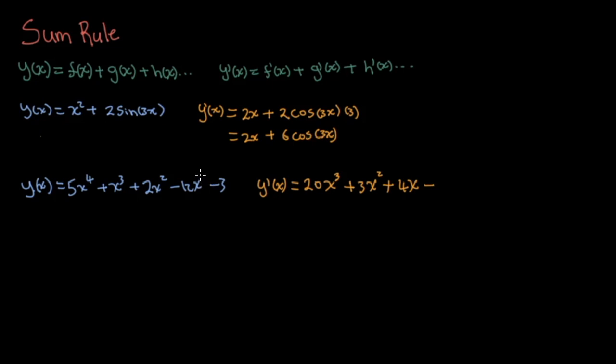Minus 1 times 12, which is just 12, and then x cancels to 1. And then minus 0. Okay, and so, yes, that is the sum rule for you.